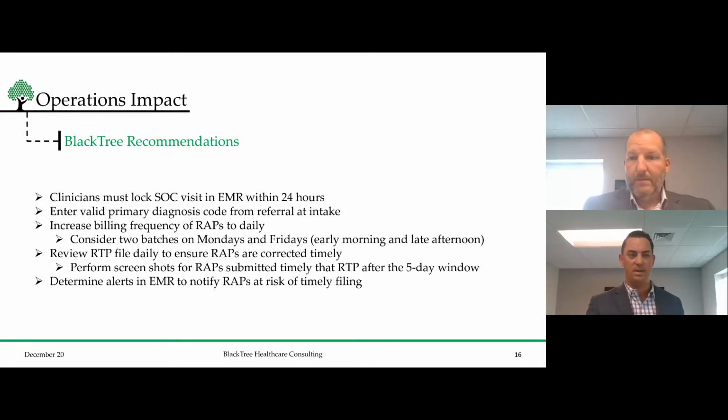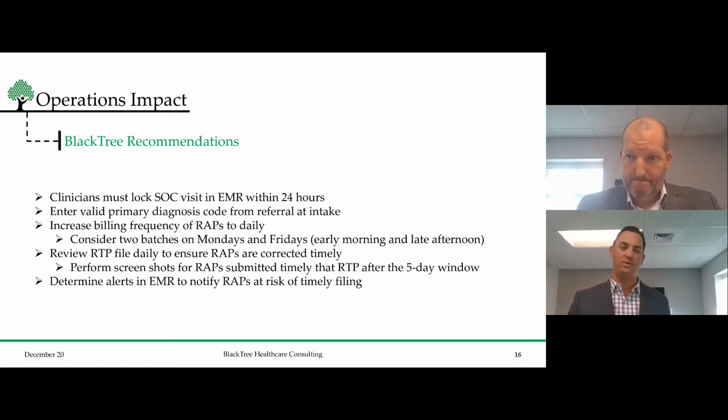When you come in on Monday morning, you might have your weekend admissions. You have the ones that started on Friday, Saturday, or Sunday, and actually had their first visits completed and the diagnosis put in, so they're eligible for RAP billing. You want to get them out the door as soon as possible. But you might have additional ones that trickle in throughout the course of the weekend, depending on how your weekend processes work and how you admit patients.